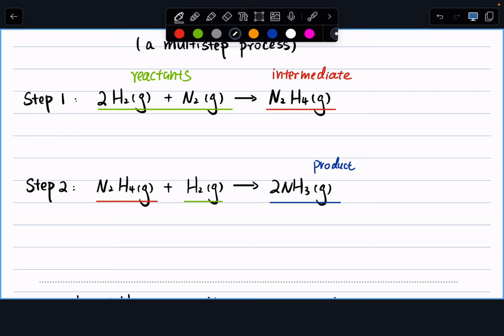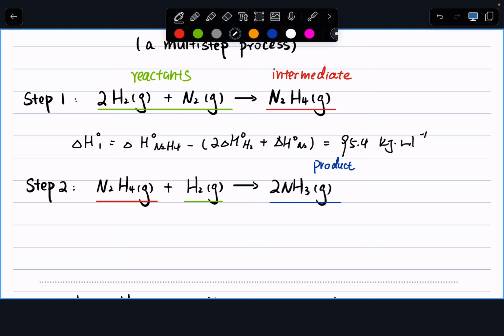For my first reaction, delta H naught 1 equals delta H naught of N2H4 minus my reactants, 2 delta H naught of H2 plus delta H naught of N2. This process is an endothermic reaction, equal to 95.4 kilojoule per mole.